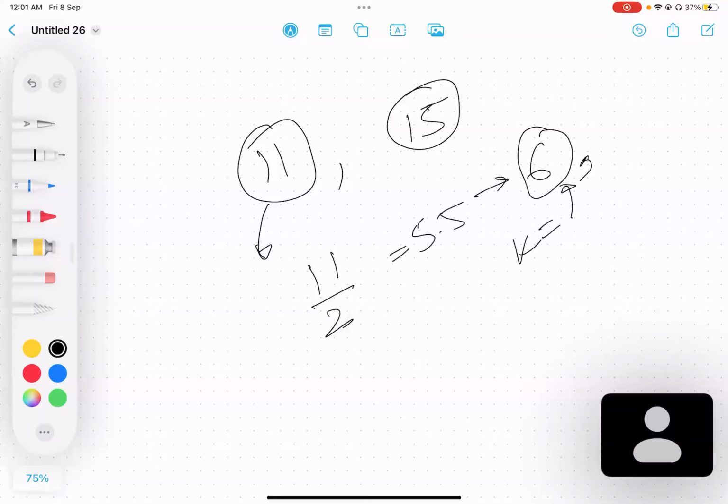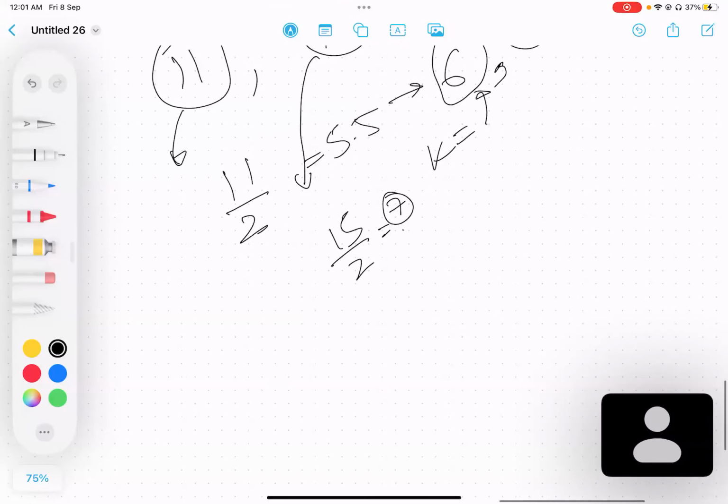Similarly, if you do 15 by 2, this is equal to 7, right? Because if it is 7.5, since this was the less than or equal to part, we will take it 7, right? So you can take value of k as 6 and 7 both.